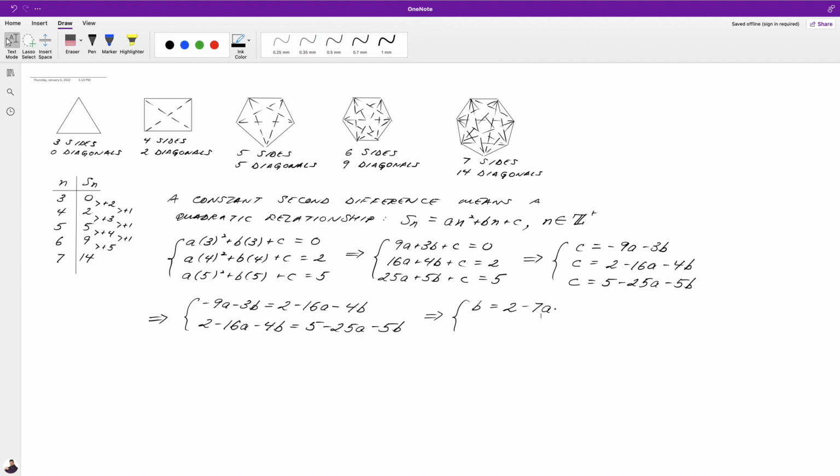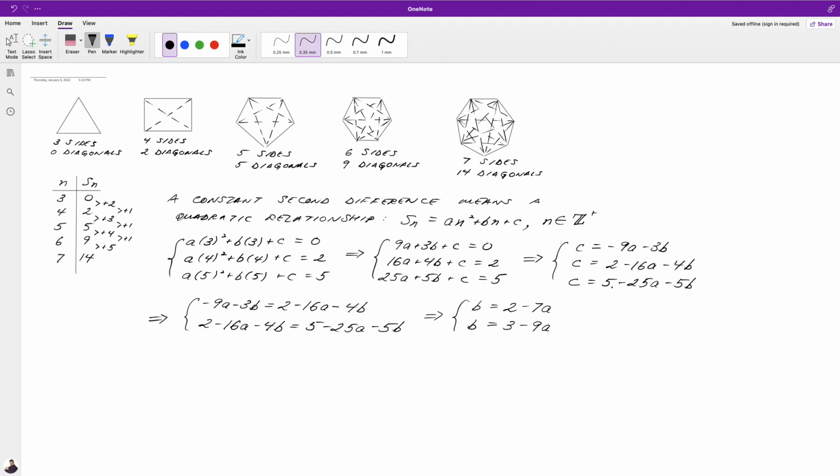Now for the bottom equation, adding 5b to both sides, negative 4b plus 5b is b, and then subtracting 2 from both sides, 5 minus 2 is 3, adding 16a to both sides, negative 25a plus 16a is negative 9a. Checking that over ever so briefly, yes, that looks good.